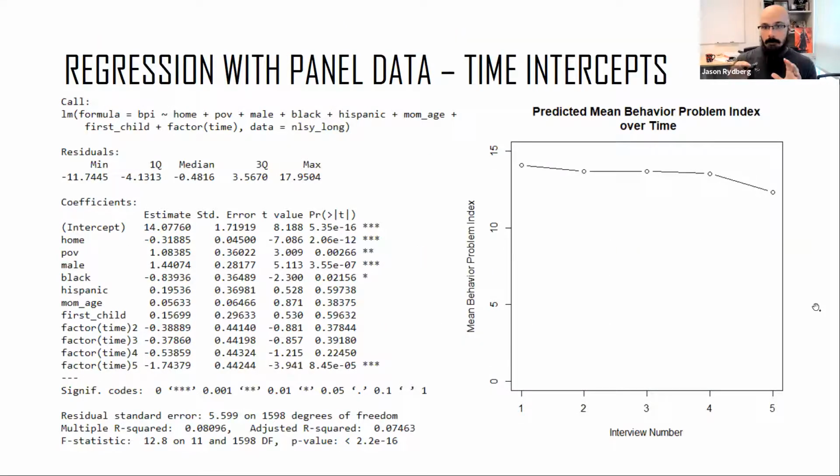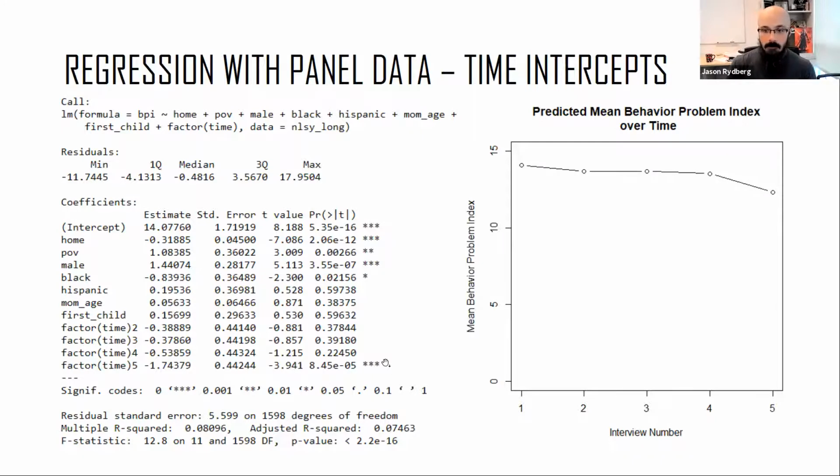So here's our model over here. This is the exact same model that I had presented in the previous class. And so you can see our intercept, and we have our factor time 2, 3, 4, 5. What this is doing is indexing essentially mean shifts in the outcome over time.